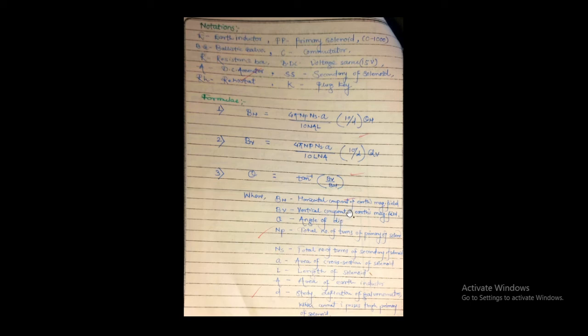What is BH? Horizontal component of Earth's magnetic field; BV, vertical component of Earth's magnetic field; theta, angle of dip; NP, number of turns of the primary coil of the solenoid; NS, total number of turns of the secondary coil; A, area of cross section of the solenoid; L, length of the solenoid; a, area of the earth inductor coil; G, the steady deflection of the galvanometer shown on the scale.